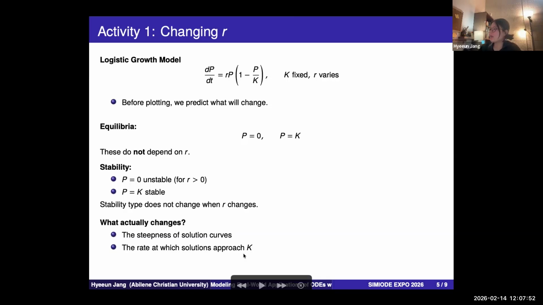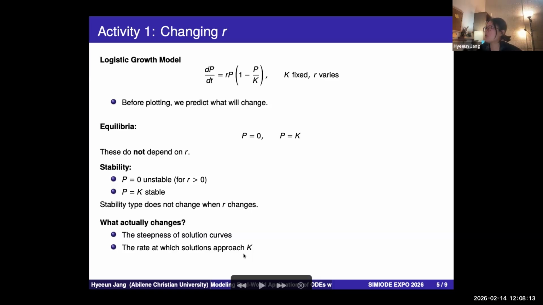First I fixed K and only R changes, and eventually we see that R, the natural growth rate, controls how fast the population moves towards equilibrium, but does not change the equilibrium level itself.